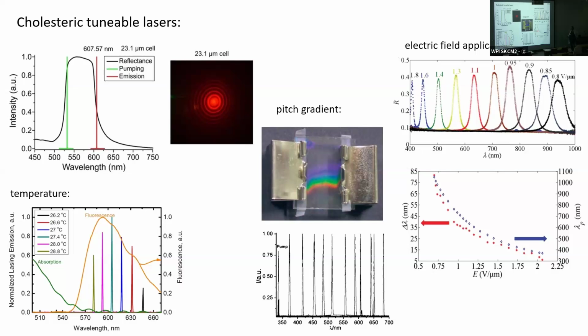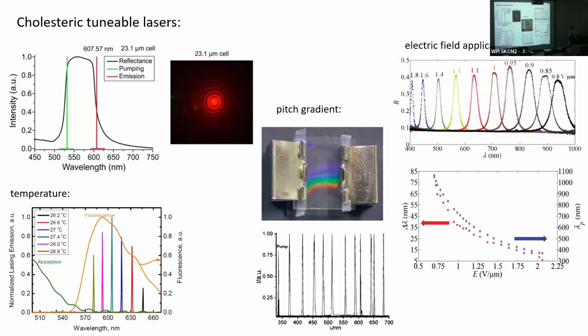by all sorts of different methods. You can vary them by changing the temperature, which changes the pitch, which changes the position of the band gap, or you can have a pitch gradient, which you can actually even get for a glassy system. So you can cool that into a glass and it will stay like this.